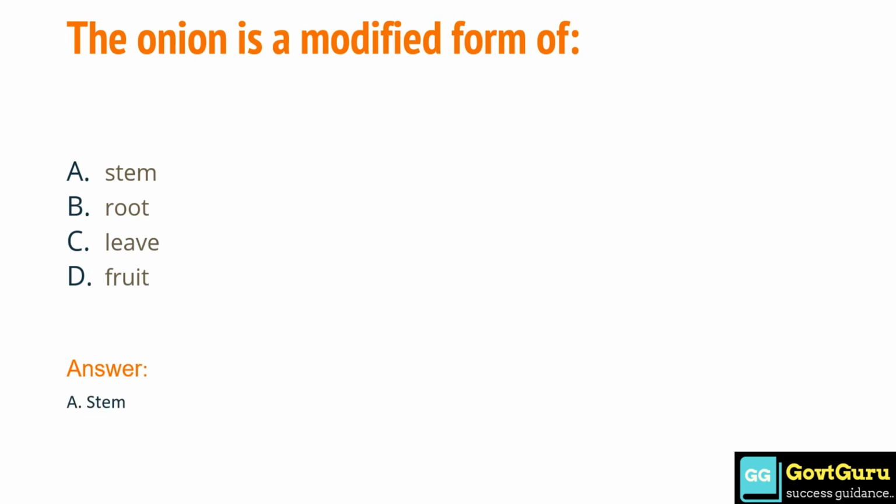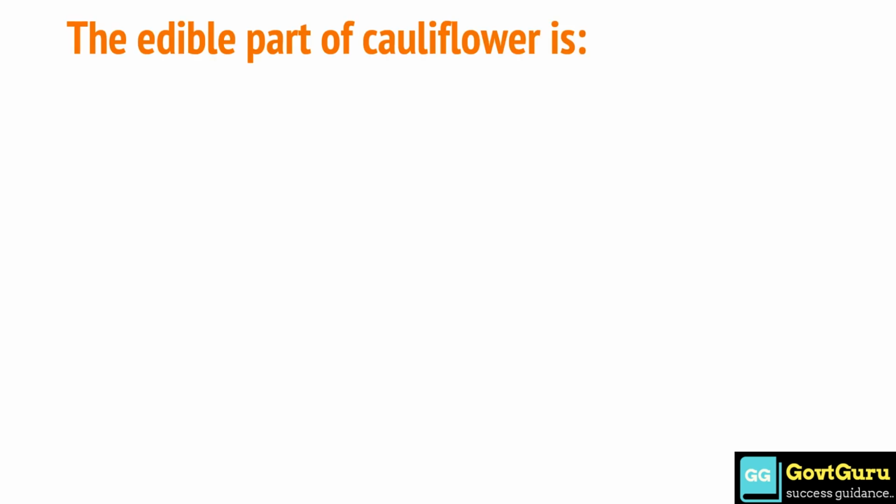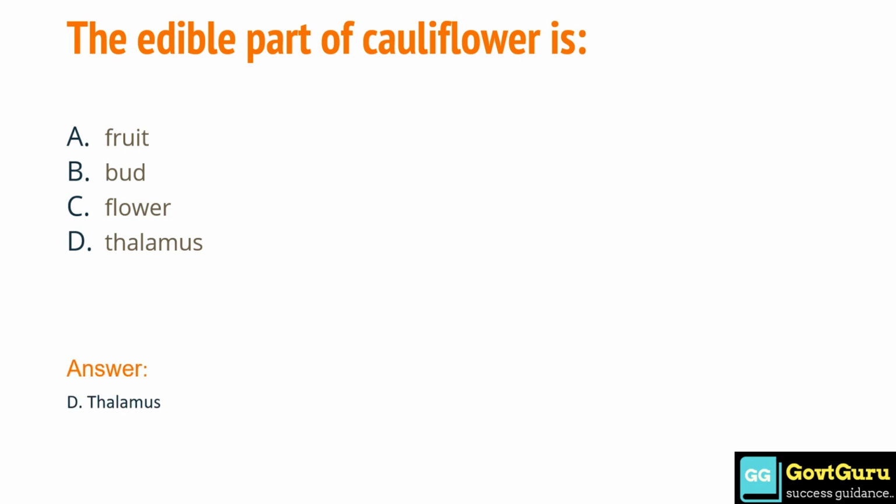So the correct answer is option A stem. The edible part of cauliflower is option A fruit, option B bud, option C flower, option D thalamus. So the correct answer is option D thalamus.